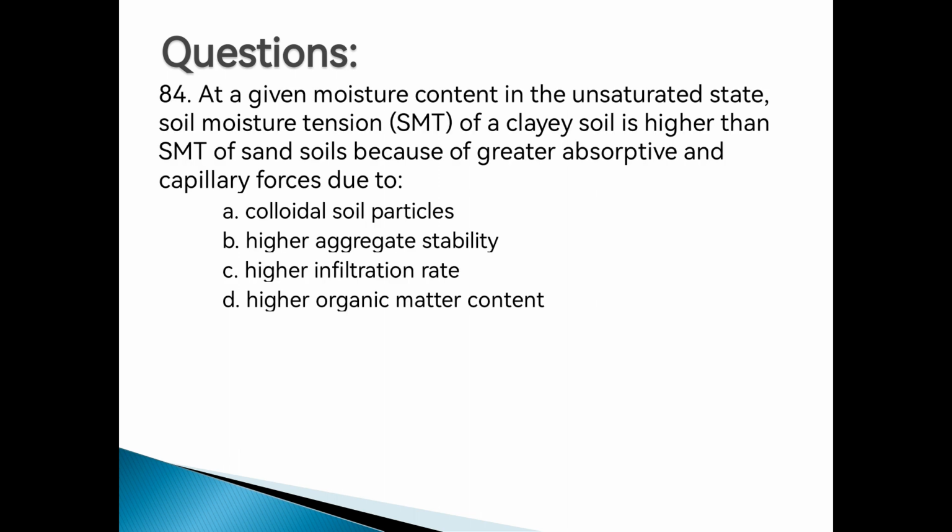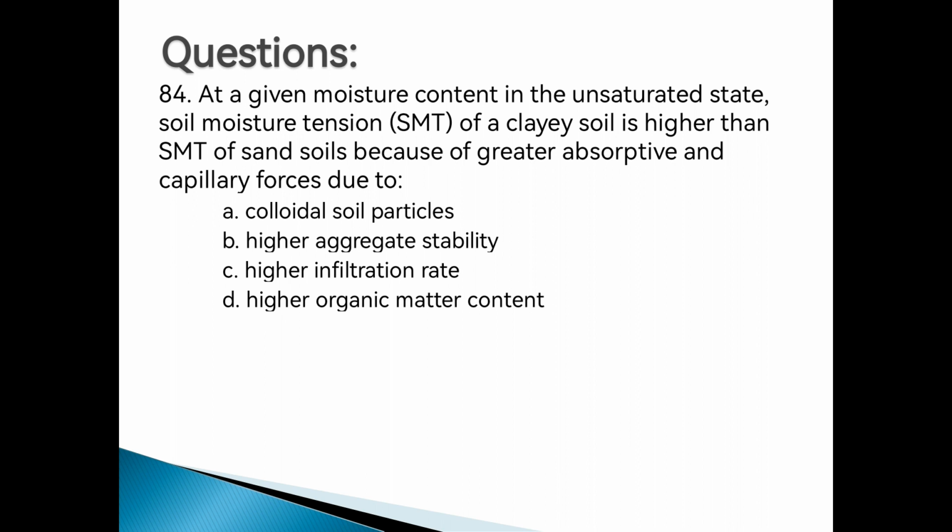0. Number 84. At a given moisture content in the unsaturated state, soil moisture tension of a clay soil is higher than of sand because of greater absorptive and capillary forces due to: A. Colloidal soil particles, B. Higher aggregate stability, C. Higher infiltration rate, D. Higher organic matter content.